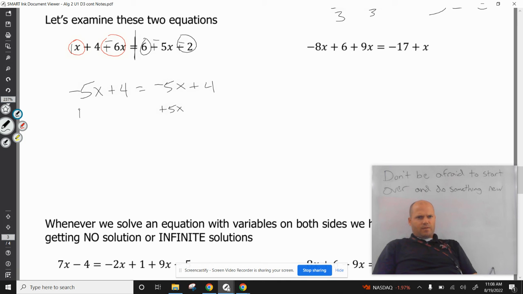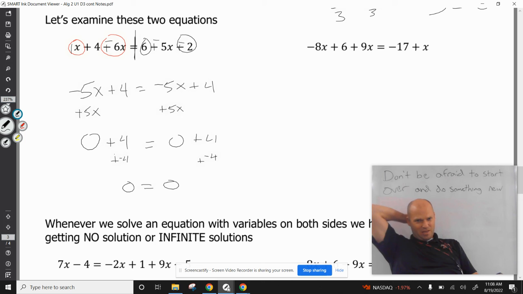What happens if I add 5x? Well, this is 0 x's. I put that 0 there just in case. What happens if I get rid of the 4's? Well, that's 0. 0 equals 0? What does that mean? All right, whatever. We'll go to the next one.